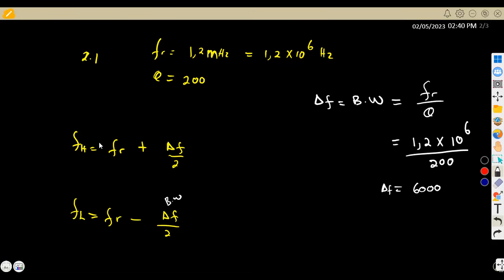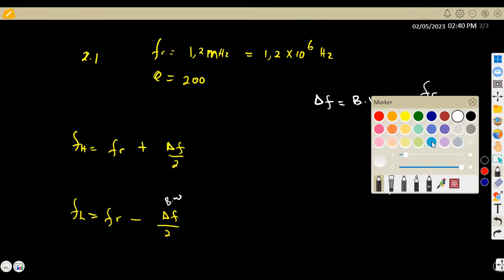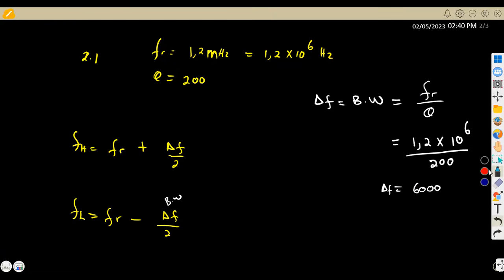So to calculate now FH from the formula that I wrote here, we just need to substitute this information. So that means our FH here is going to be equivalent to FR, which is 1,2 times 10 to the exponent of 6, plus the bandwidth over 2, which is 6,000. So this is 6,000 over 2.